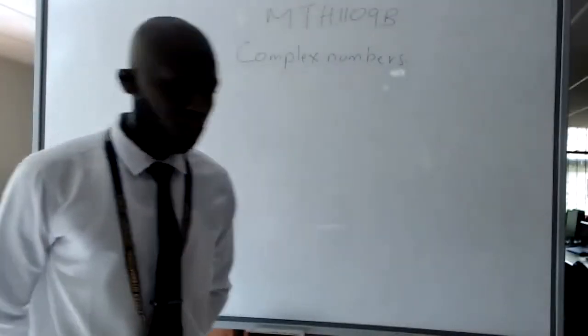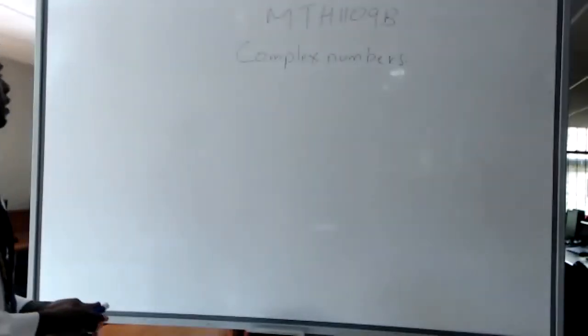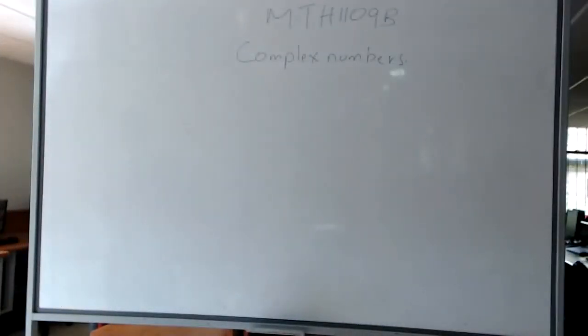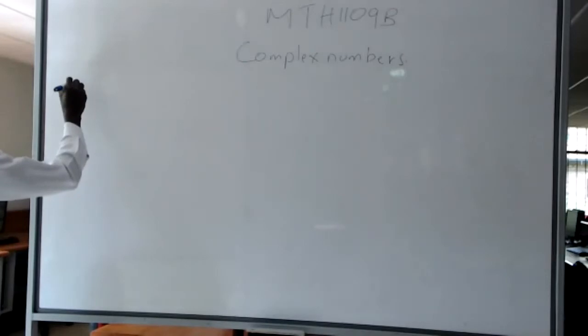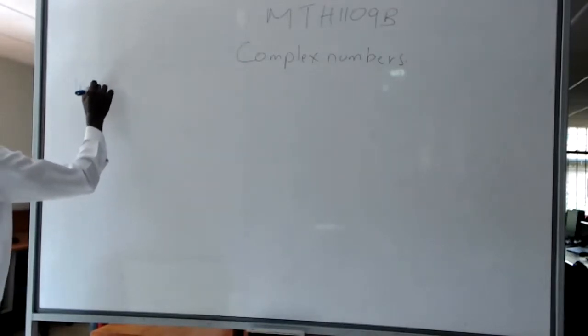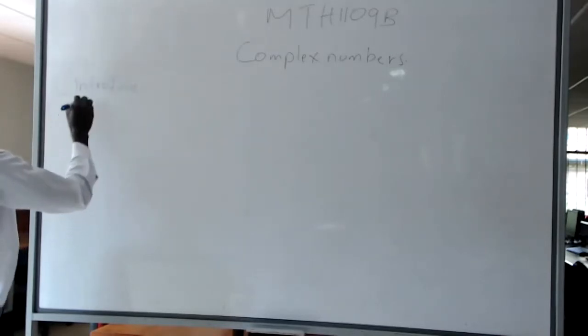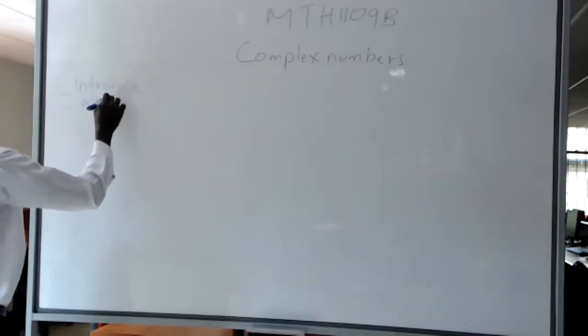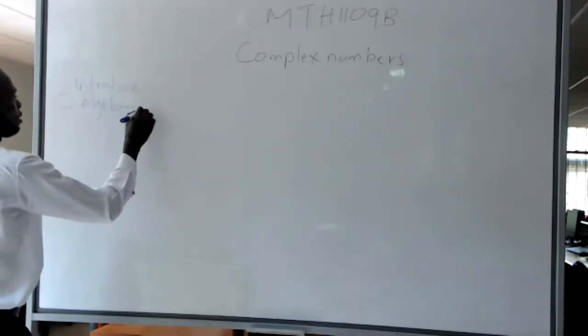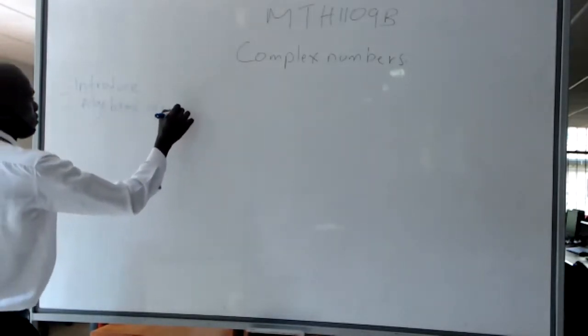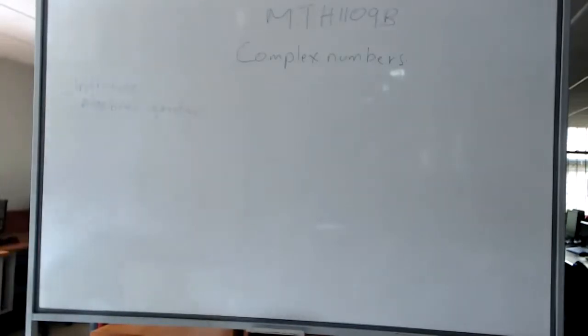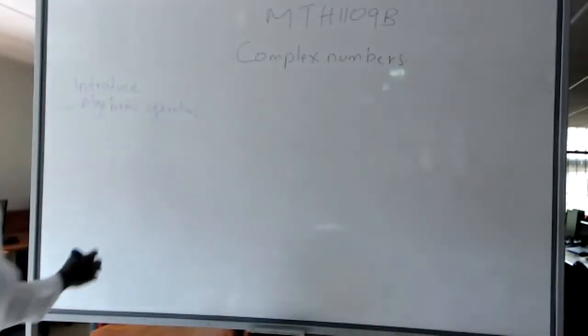So over this week, we will be discussing complex numbers, and I'd like us to focus on the following. We will introduce complex numbers, then we will perform algebraic operations. In this case, I'm simply referring to addition, multiplication, subtraction, and division of these objects, just as the way we do with real numbers.